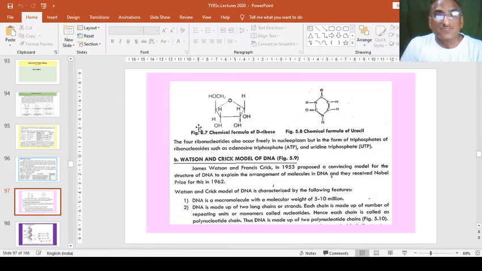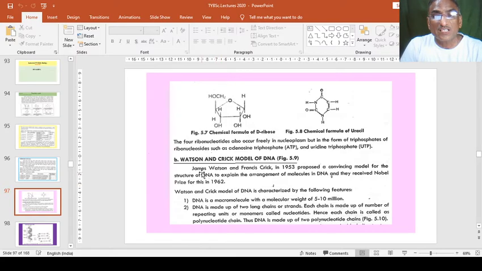Second, the Watson and Crick model of DNA. Watson and Crick, these are the two scientists. They made a great discovery in the field of molecular biology, and for that they were awarded the Nobel Prize. They received the Nobel Prize for the discovery of this double-stranded DNA molecule in 1962.